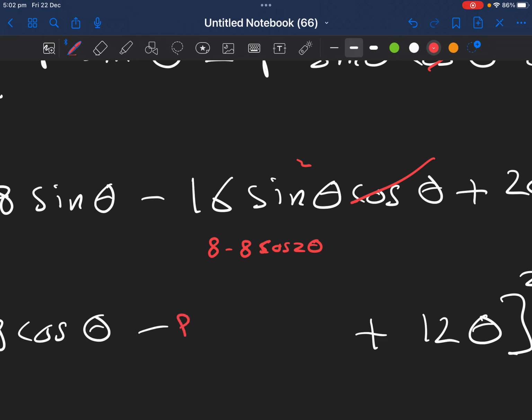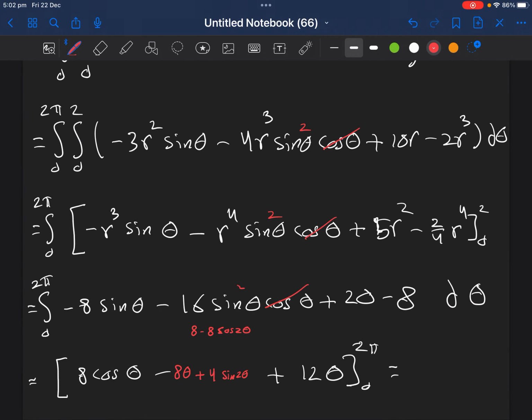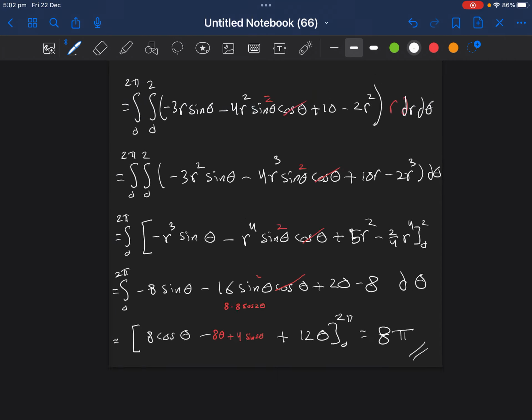So it will change into 8 theta plus sine 2 theta, and here 4. Now if we do this one, what we are going to get, 12 minus 8, so it will be just 8 pi. And that's the answer for the first one.